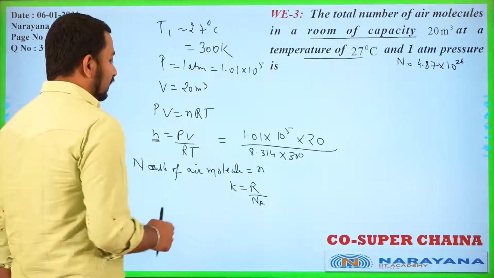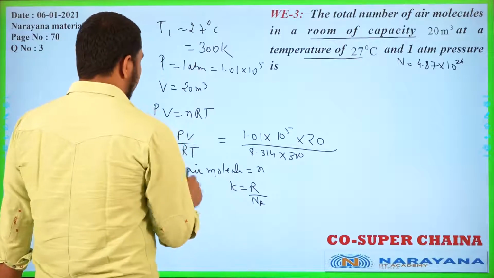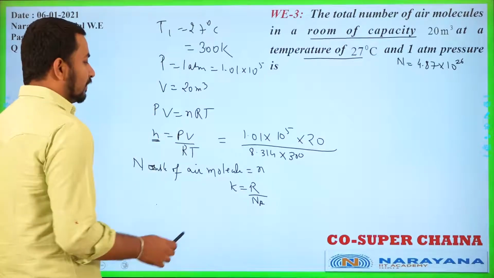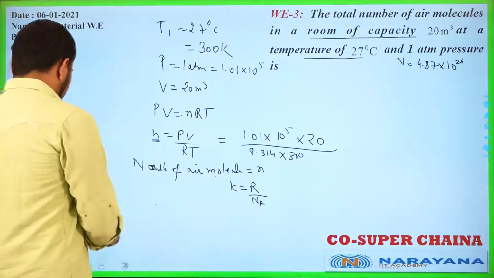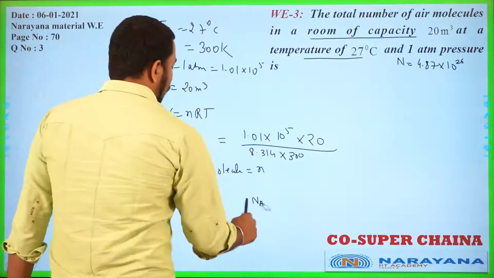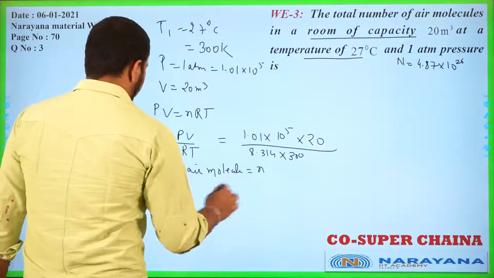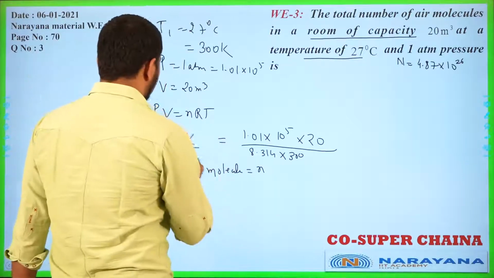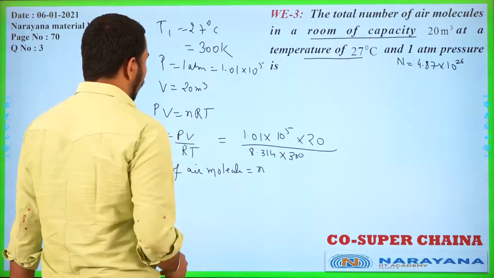This capital N is the required value here. So the number of air molecules we need to find will be nothing but number of moles into Avogadro number.